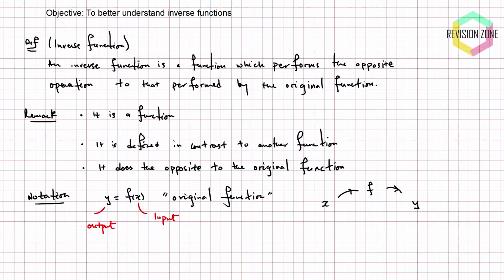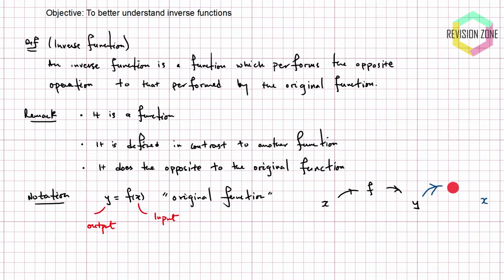Now, to say that the inverse function does the opposite of our original function, it's going to swap the roles of the input and the output. So in other words, if you give it the output, it's going to take that back to the input. And of course, we have to give a name to our inverse function.